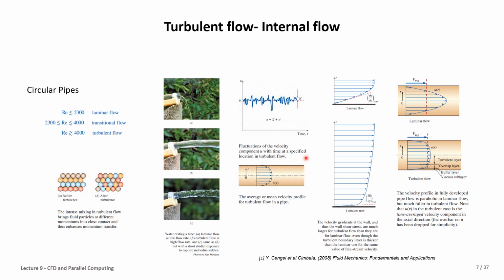Here is a presentation of the mean velocity profile for turbulent flow in a pipe when we use the mean properties. In these two presentations, there is a velocity gradient at the wall when it's laminar flow, and when it's turbulent flow, the slope is different near the wall where the velocity is changing. So laminar flow and turbulent flow behave differently.